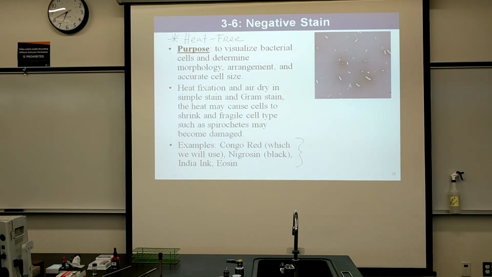They are negative in charge rather than positive, like the simple stain, and they are all acidic as opposed to alkaline. So they're opposite the simple stain in that they have the opposite charge and the opposite pH, making them acidic.